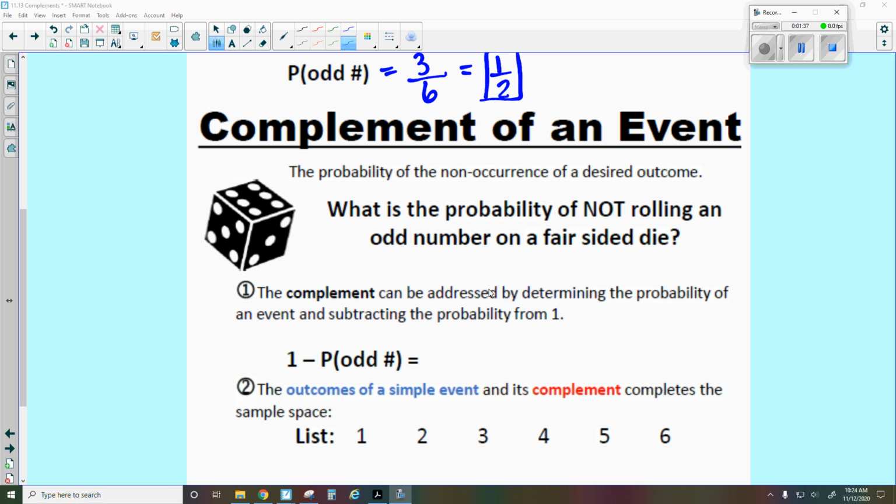So the complement can be addressed by determining the probability of an event and then subtracting the probability from 1. So 1 minus, and the probability of getting an odd number was 1/2. 1 minus 1/2 equals 1/2. This is the probability of not rolling an odd number.